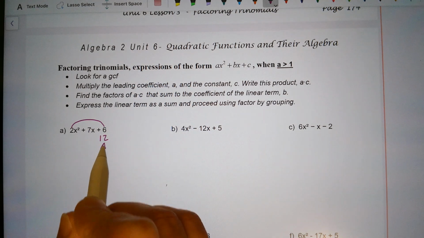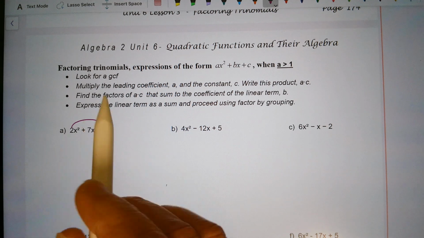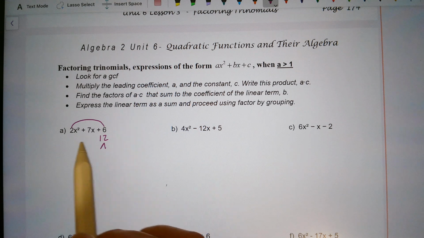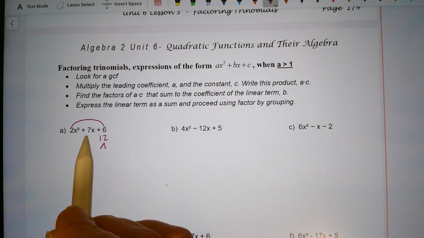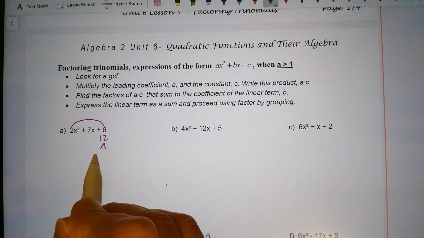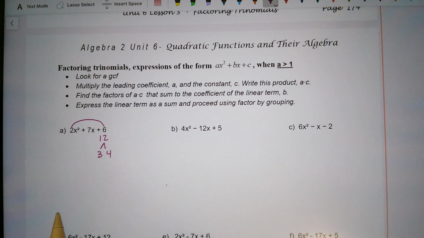And now we want factors of 12 that sum to 7. Find the factors of a times c, which is in this case 12, that sum to the coefficient of the linear term b. So that would be 3 and 4, right? 3 times 4 is 12 and sums to 7.